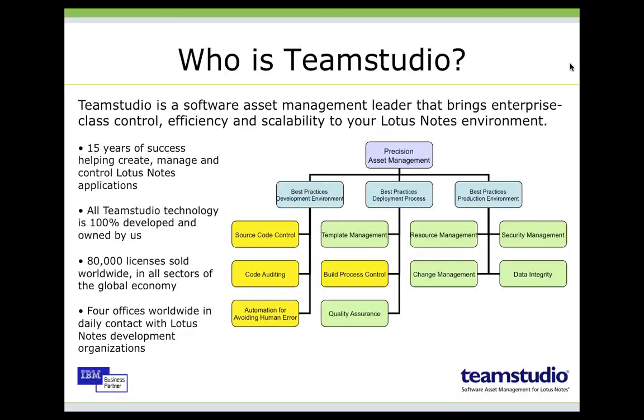These are mature products that have been on the market helping companies of all shapes and sizes bring process and control to their development environment. We are a global organization with headquarters here in Beverly, Massachusetts, with a presence in Europe and the Asia Pacific region as well. And as I mentioned, not only administrator and development tools, but we are also now moving into mobile apps.